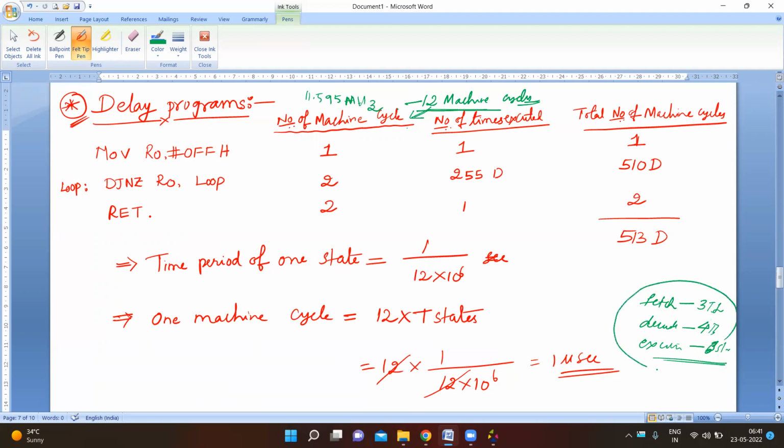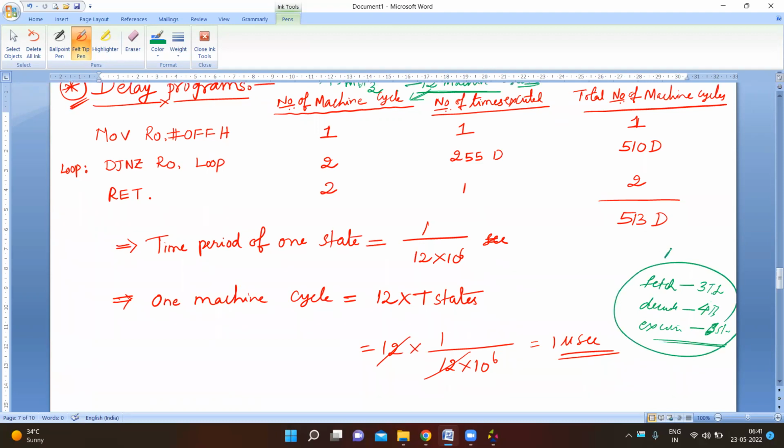All these three combinations are considered as one machine cycle. I'm not saying exactly 3, 4, 6 states, but it has some states based on the instruction.